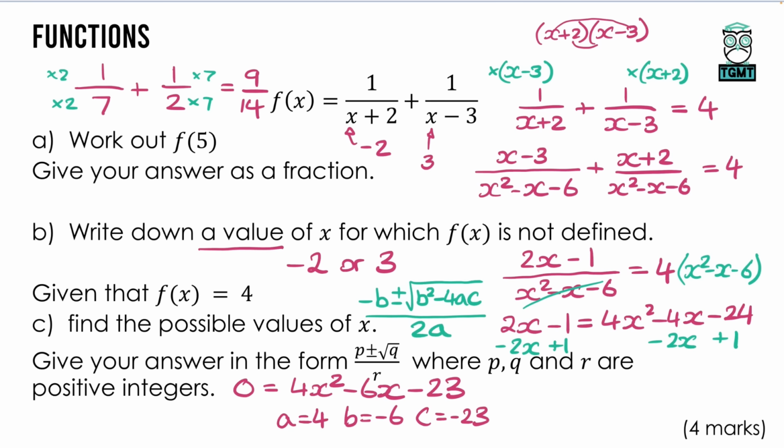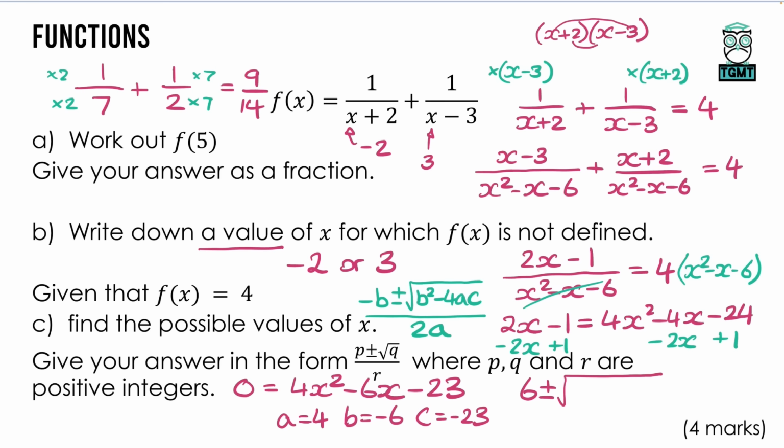So if we put it into the quadratic formula, we will have minus b becomes 6 plus and minus. We then have the square root of, and as we're using a calculator, we could type this all in one go. So we have -6 squared, which is best to put into brackets. So -6 in brackets, squared on the outside of the bracket, minus 4 times a, which is 4, times c, which is -23.